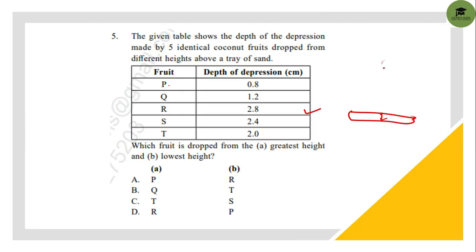So R is the highest one, 2.8, and P is the lowest one. That's why it is the lowest height, and so it will create a smaller depth of depression. So your answer is: highest is R and lowest is P. So option D is your correct answer.